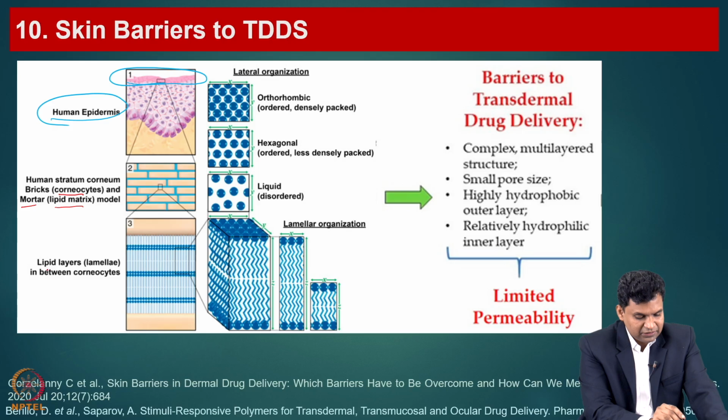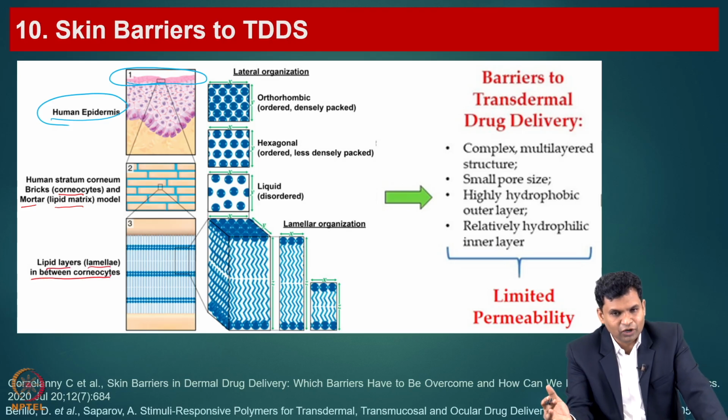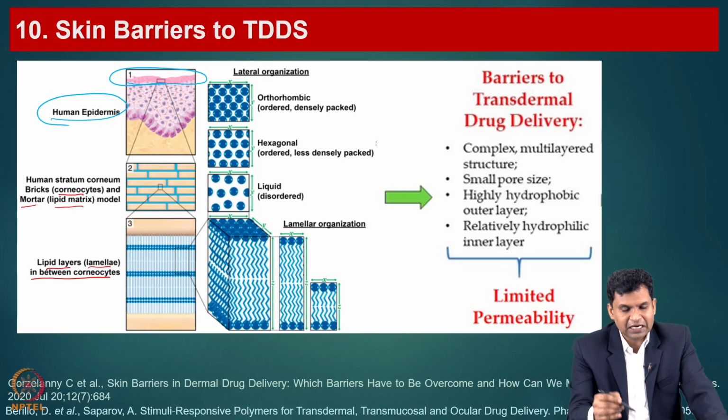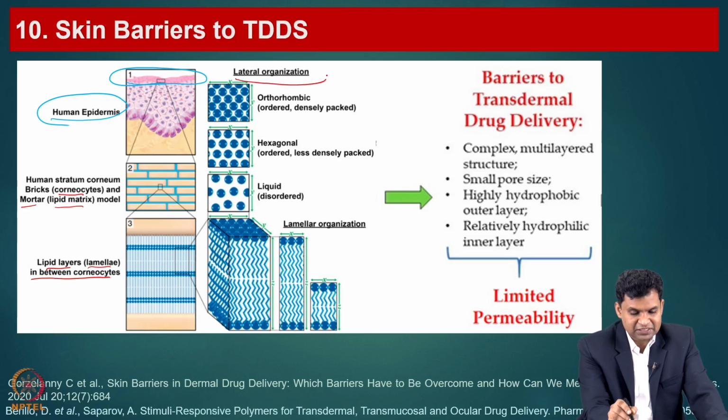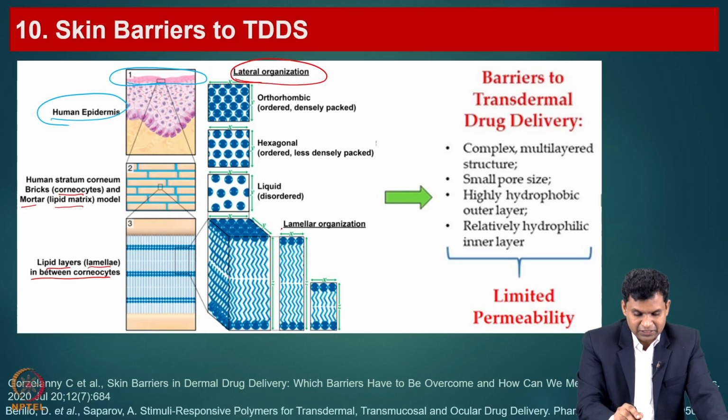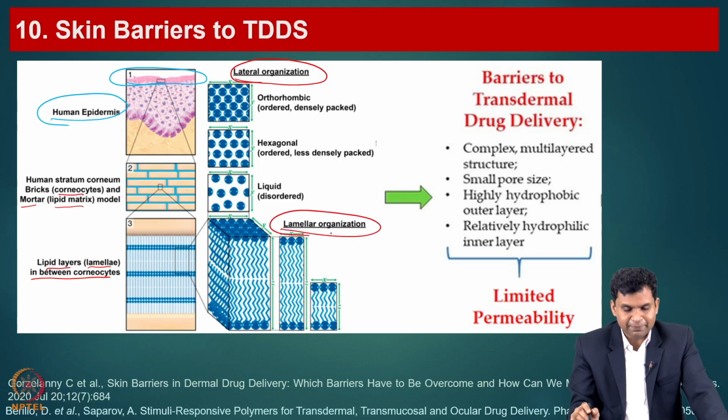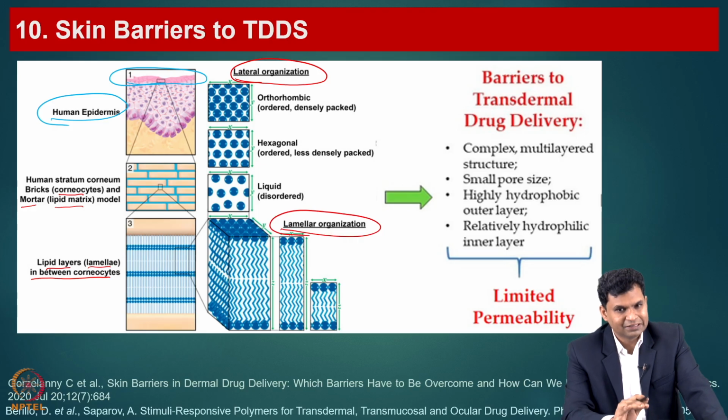You can see the lipid layers which are presented in the lamellae form, and now you can see the arrangement of those lipid layers. These are the lateral organizations, and you can see the lamellar organizations. So, these barriers, these dead cells and the combination of this lipid layer, are one of the major limitations in the transdermal drug delivery systems.